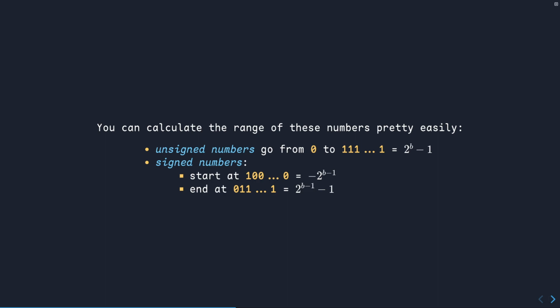So it isn't really a big deal. Our range would start at 1 0 0 0 0 and end at 0 1 1 1 1 1, which is minus 2 to the b minus 1 and 2 to the b minus 1 minus 1 respectively. So a signed 8-bit number would go from minus 128 up to 127.